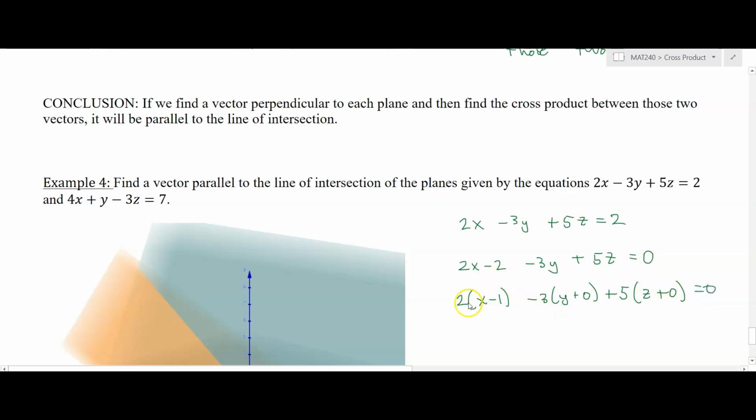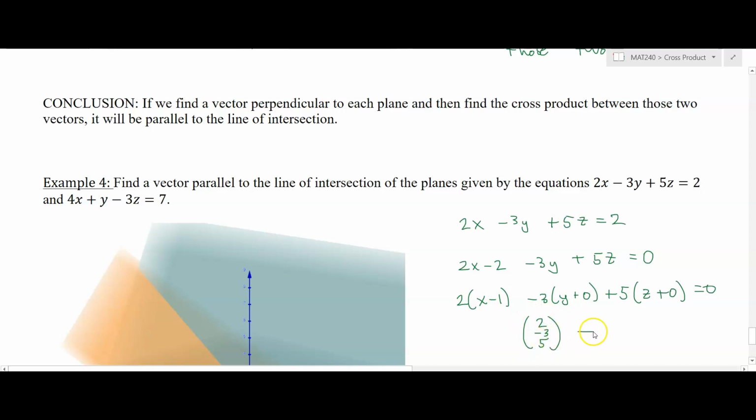And this point 1, 0, 0 is going to be a point that's on that plane. And the vector 2, negative 3, 5 is going to be a vector that's perpendicular to that plane. So we're basically using the dot product between a vector on the plane and a vector perpendicular to the plane. So its normal vector would be the vector 2, negative 3, 5.